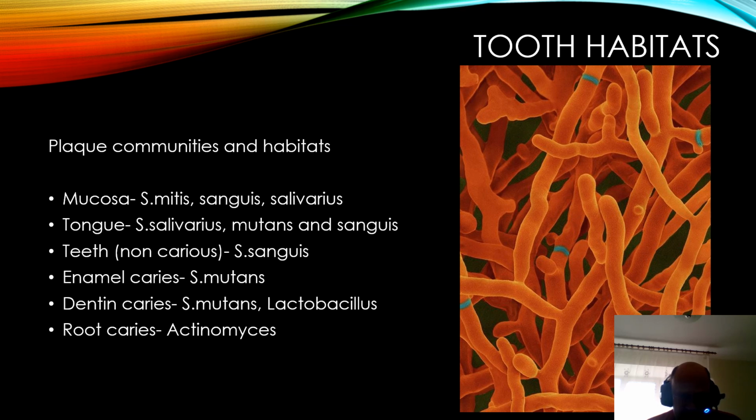Now about tooth habitats. Plaque communities and habitats, they're so different. For mucosa, Streptococcus mitis, Streptococcus sanguis, Streptococcus salivarius. For tongue, Streptococcus salivarius, mutans, and sanguis.